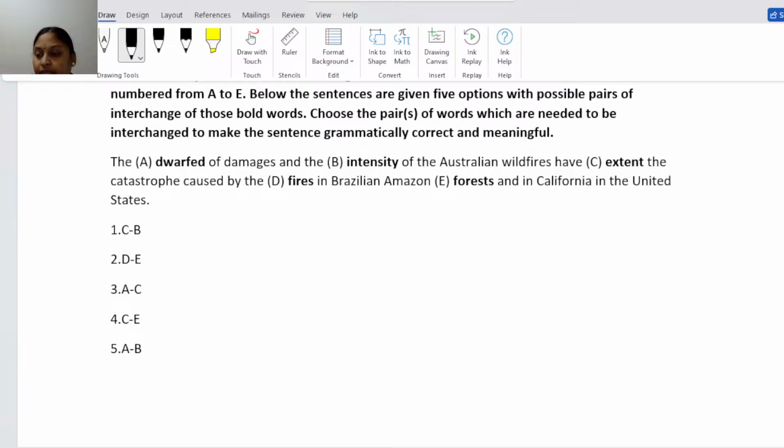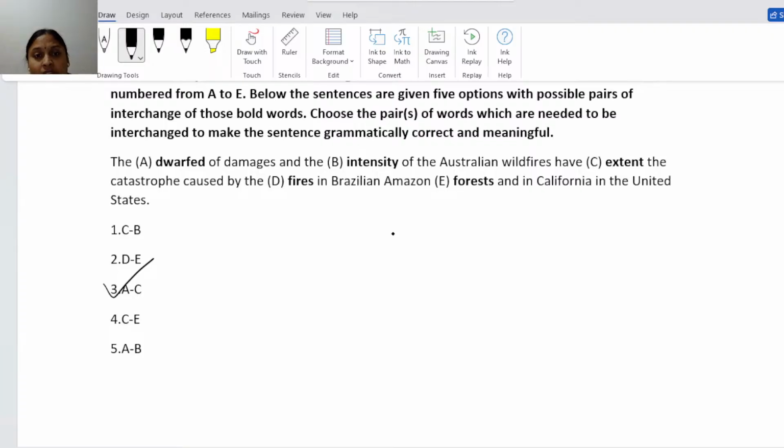This is a given. So here we are supposed to replace A with C. Then what will be the correct sentence? The extent of damage and the intensity of the Australian wildfire.